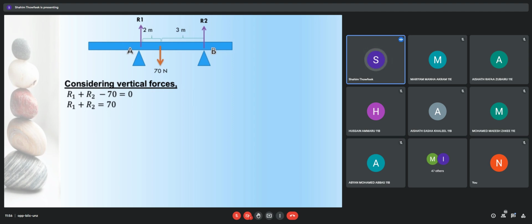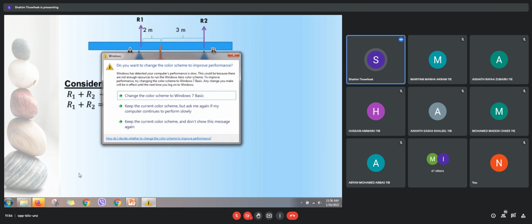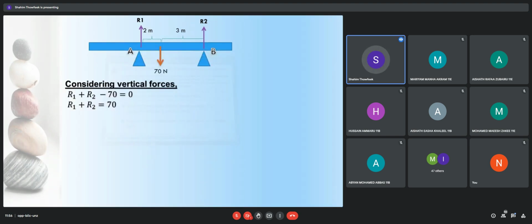Then rearrange it: R1 plus R2 equals 70. From this equation alone you can't find R1 or R2 because there are two unknowns, right? You have to find either R1 or R2 first.